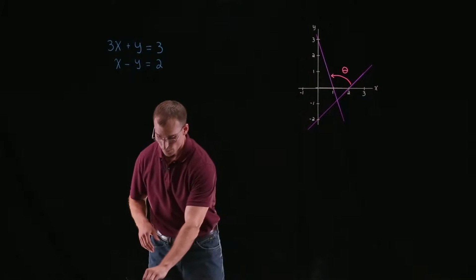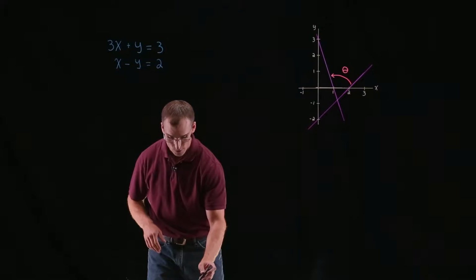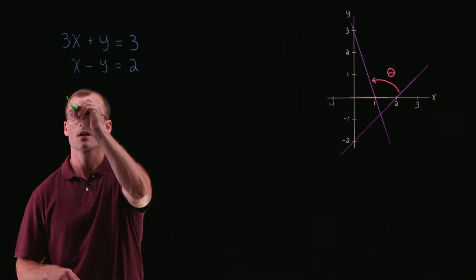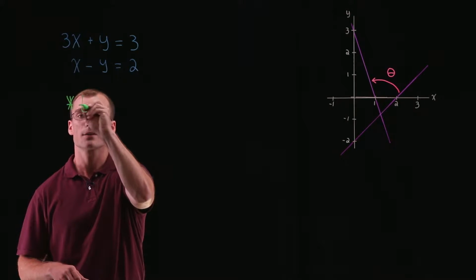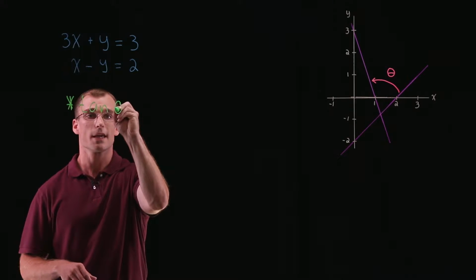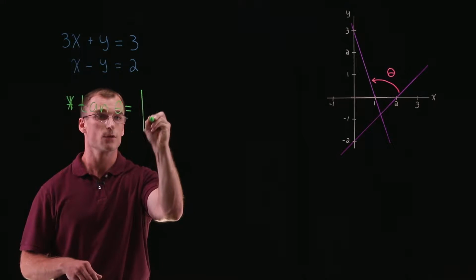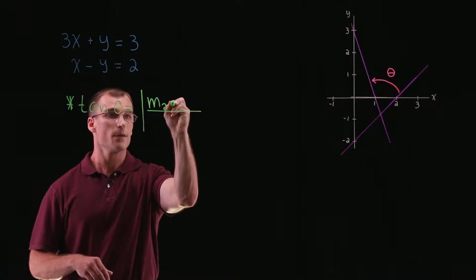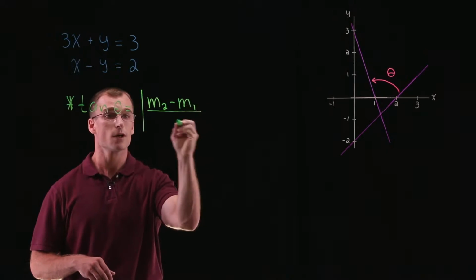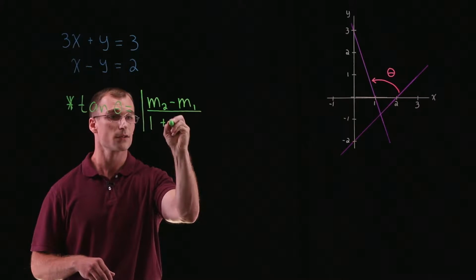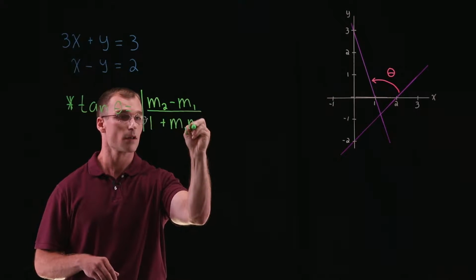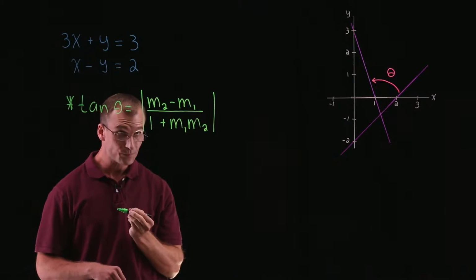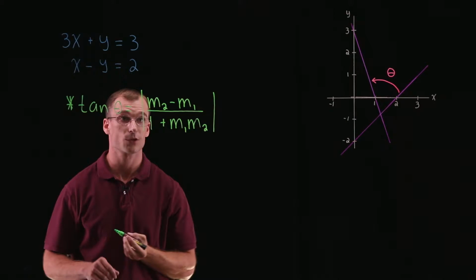Now, we know that the angle between two lines can be related to their slopes through the equation given by this: the tangent of the angle theta is equal to the absolute value of the quotient of m2 minus m1 divided by 1 plus m1 times m2, where m2 and m1 are the slopes of the given lines, respectively.